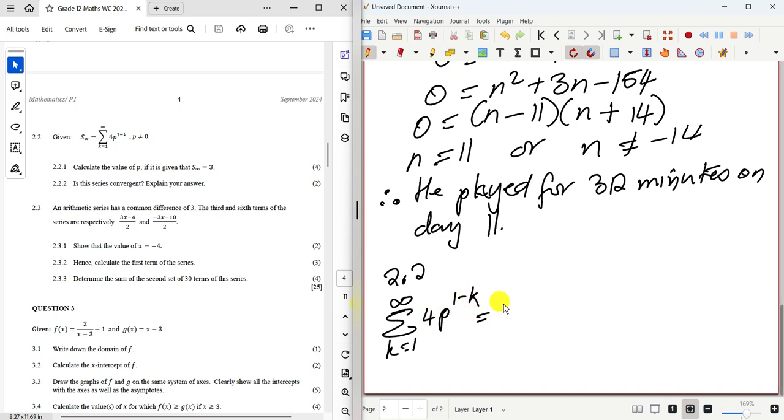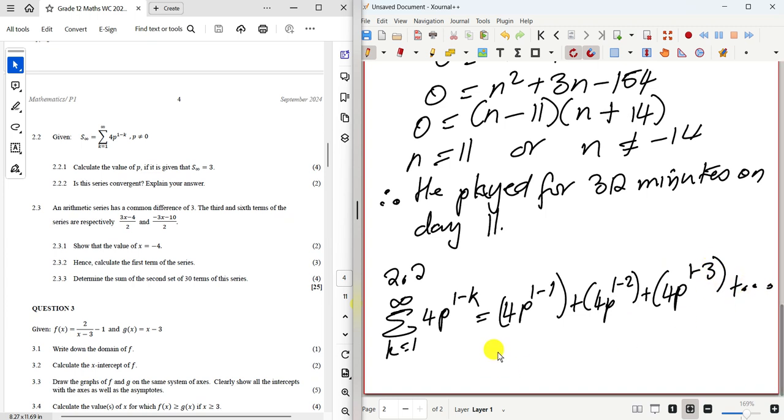So this will be 4p to the 1 minus 1 plus 4p to the 1 minus 2 plus 4p to the 1 minus 3 plus and so on. This could be simplified as 4p to the 1 plus 4p to the minus 1 plus 4p to the minus 2.